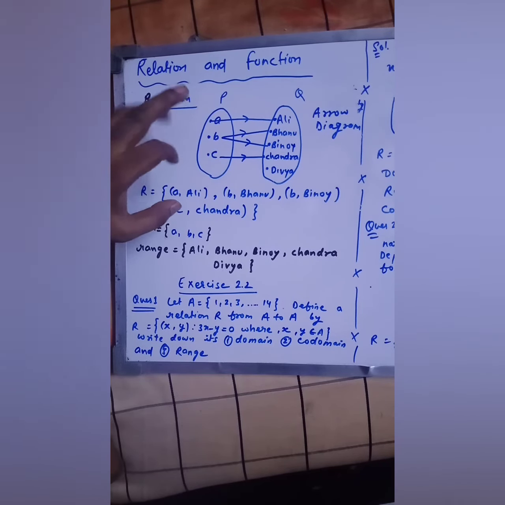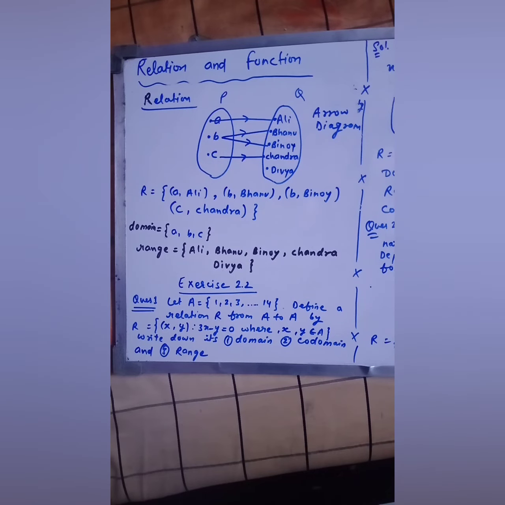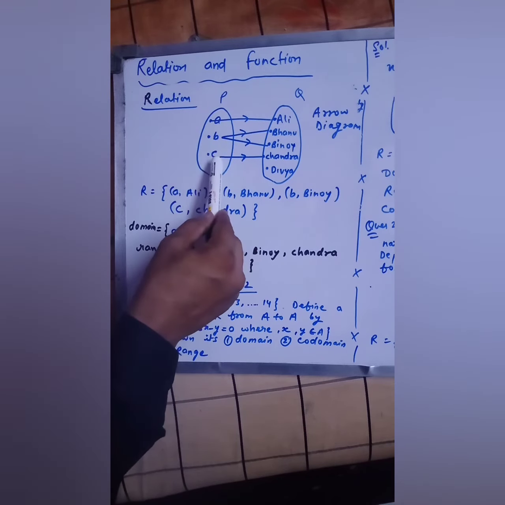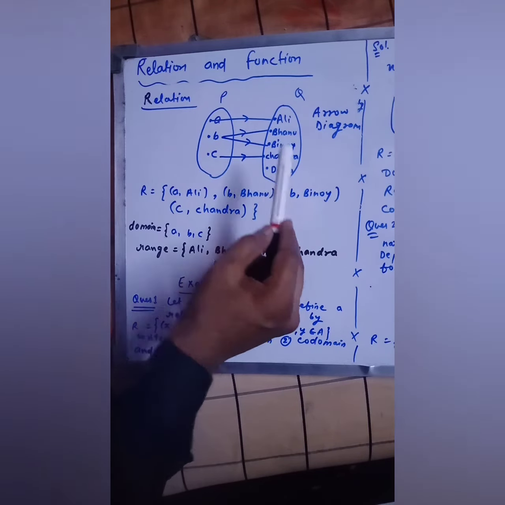So here we have two sets, set P and set Q. In set P, we have A, B, C, these three elements. In set Q, we have Ali, Bhanu, Binoy, Chandra, Divya.